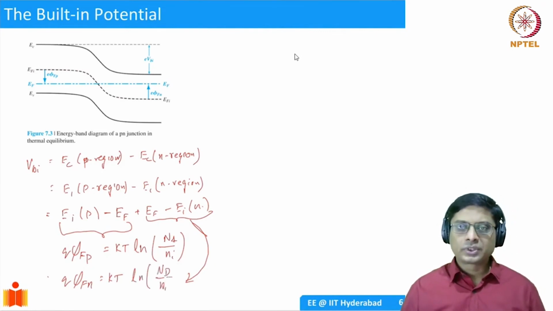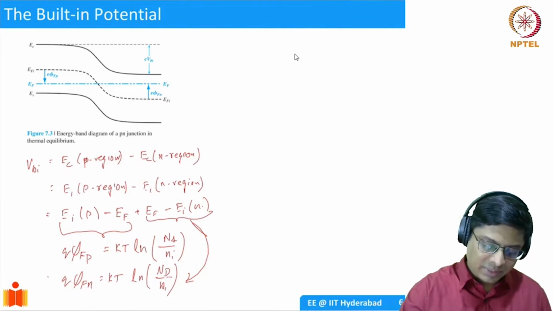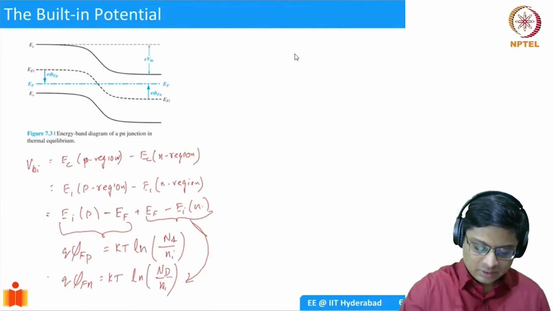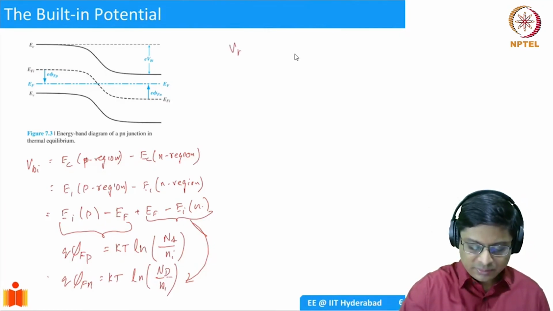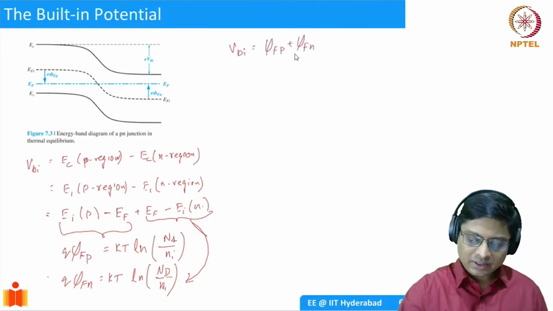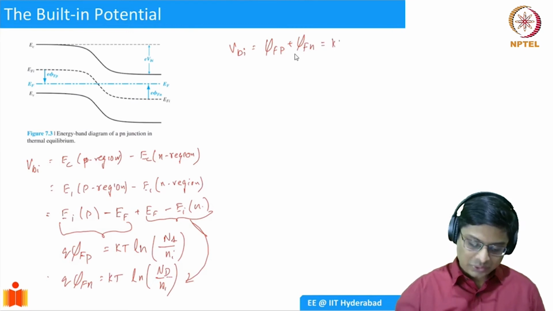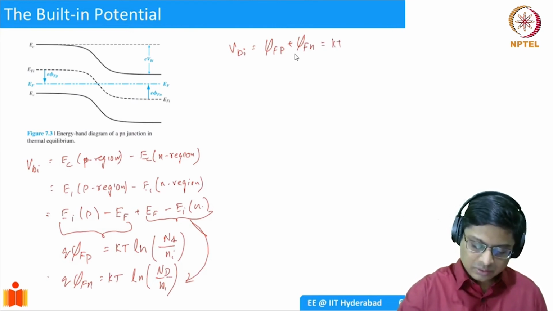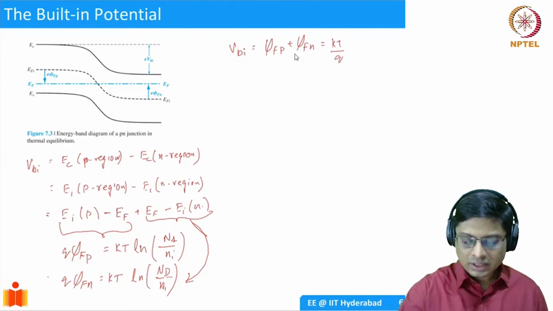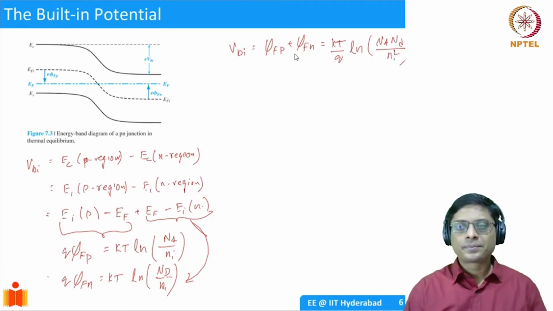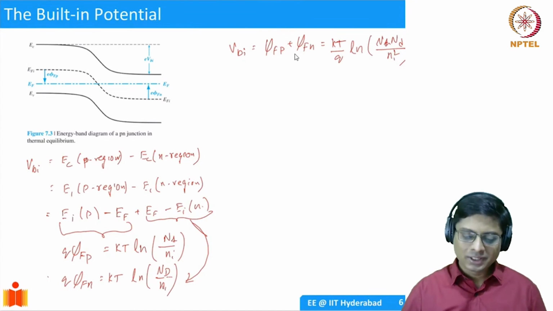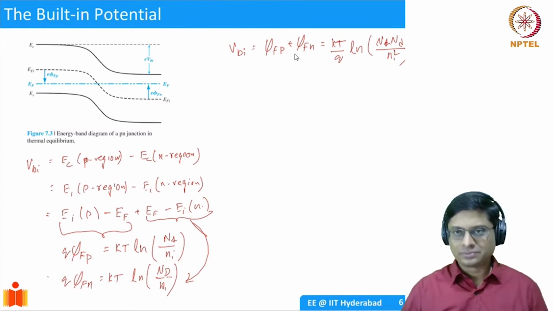So we see that the built-in potential is simply phi fp plus phi fn. I have to take Q also, so basically it is KT by Q ln of NA ND divided by NI square. This is a much more useful form of the built-in potential.